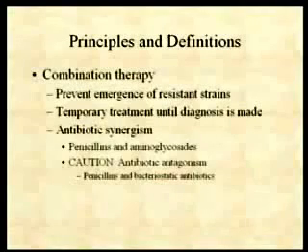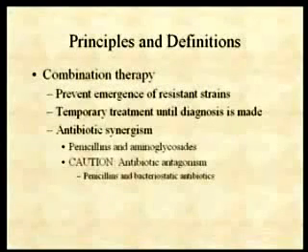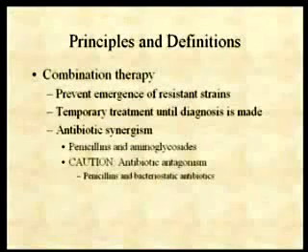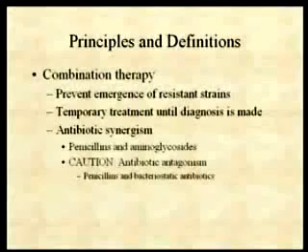Okay, it is not uncommon when prescribing antibiotics to use combination therapy, and there are a number of reasons why you would use combinations of antibiotics. One is to prevent the emergence of resistant strains. By using combinations, you really cut down on the probability that resistance is going to occur.